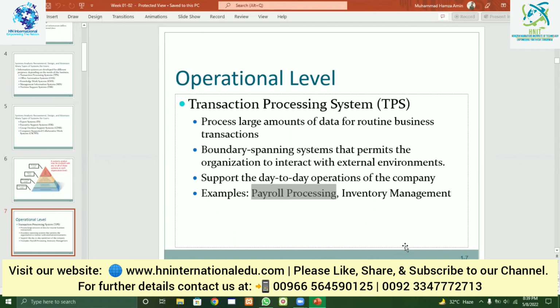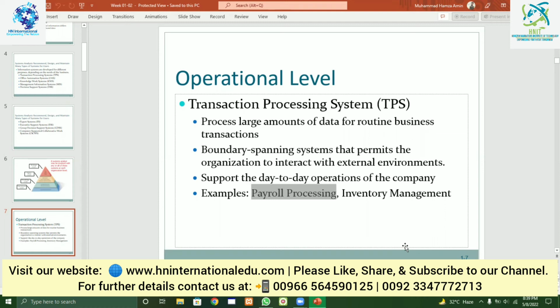This is payroll for myself. Now the transaction you do for my payroll is recorded in the transaction processing system, TPS.